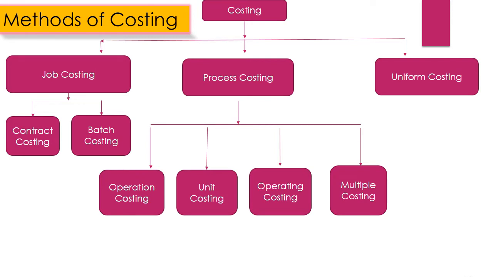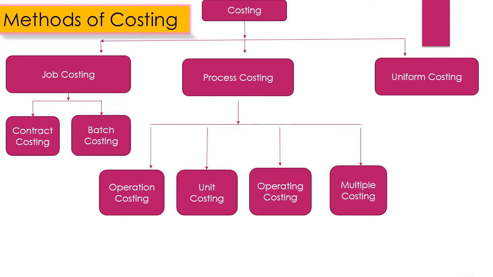Industries can be grouped into two basic types: industries doing job work and industries engaged in mass production of a single product or identical product. In case of job industries, each job needs special treatment and production is strictly according to customer specification.